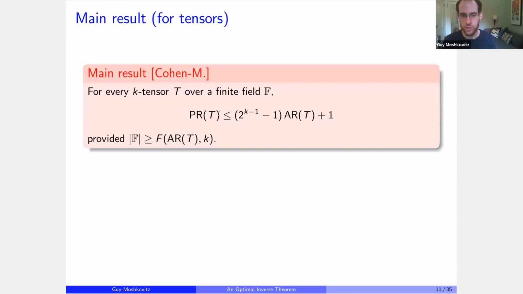We're actually showing that the partition rank is bounded by the analytic rank times a multiplicative constant, over finite fields of any characteristic, assuming that they're large enough in terms of this constant k, and also in terms of the analytic rank, which is maybe not so bad, because in applications, when you want to apply this theorem, you really care about the case where the analytic rank is small, right?